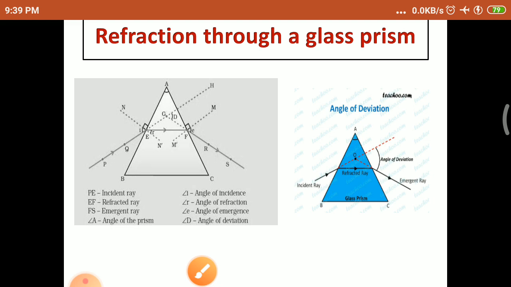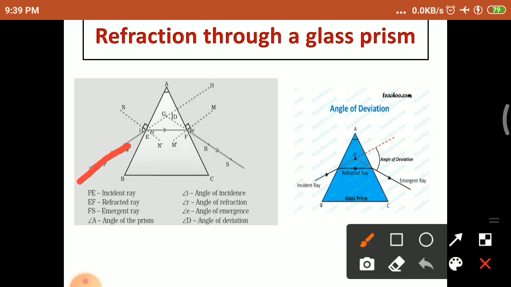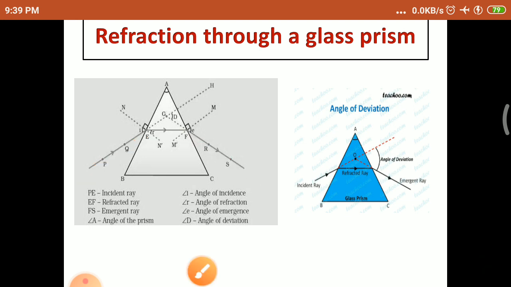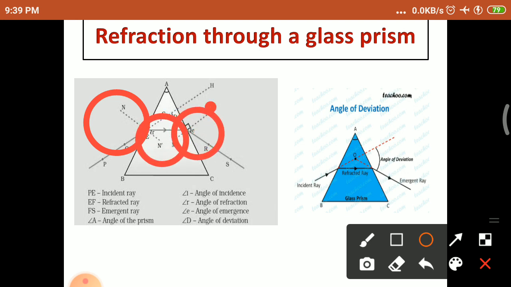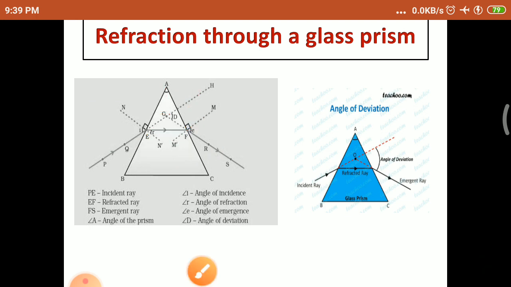So when you are drawing this diagram, you have to mark the incident ray, refracted ray, emergent ray. Then angle of incidence, angle of refraction, angle of emergence, then angle of deviation. One more is the angle of prism.